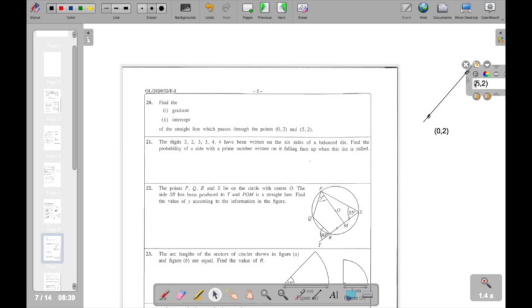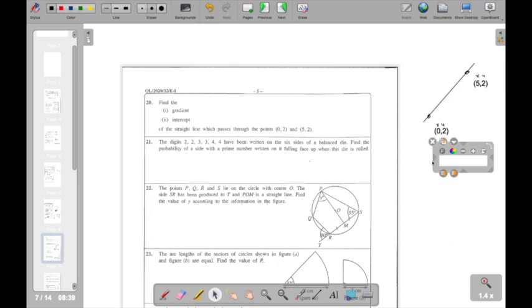Put that in brackets. You have learned that the left coordinate is x and the right coordinate is y. Left is x and the right is y, right?